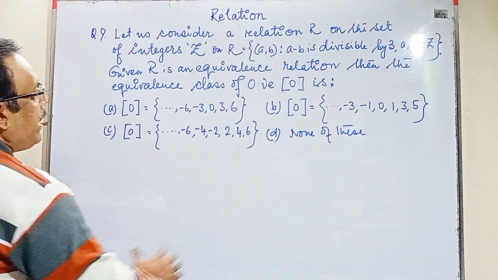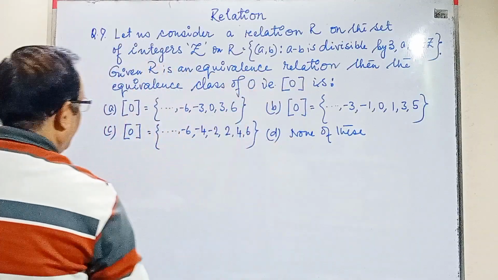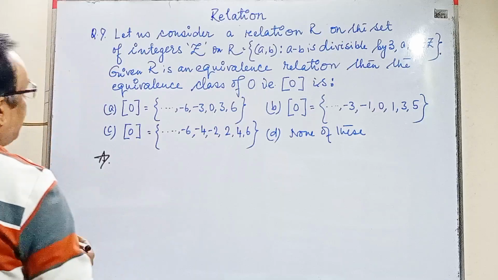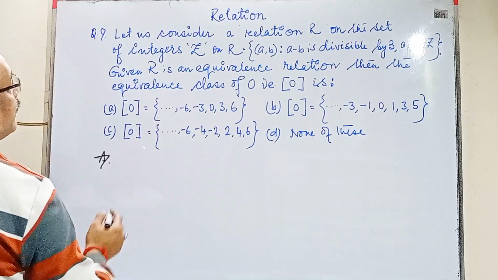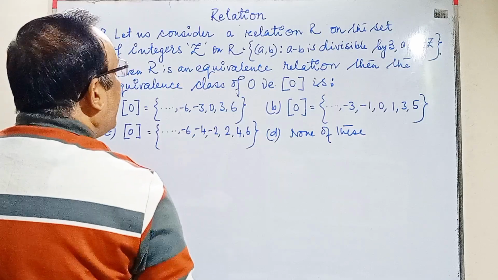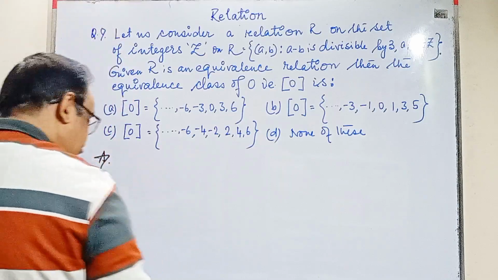So we need to find out the equivalence class. What is given here in this question? It is given that the relation is on Z, that is the integers.